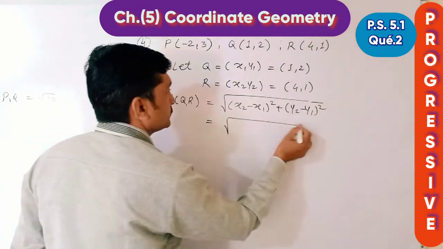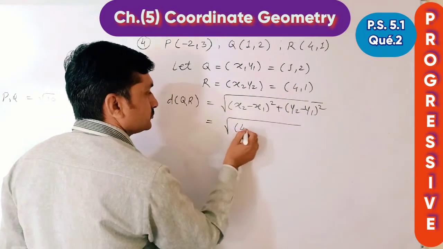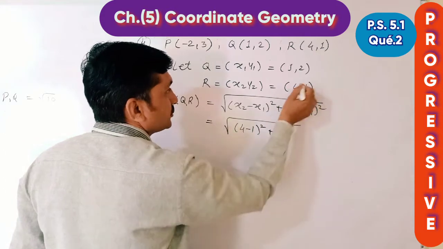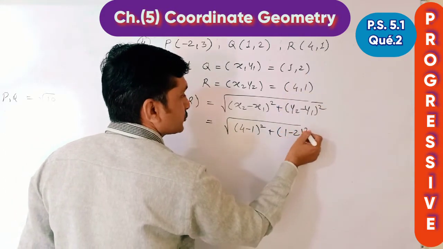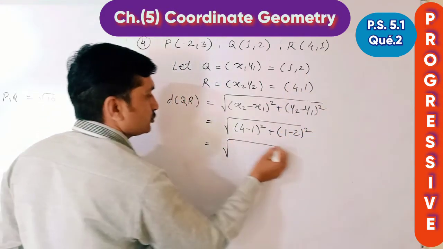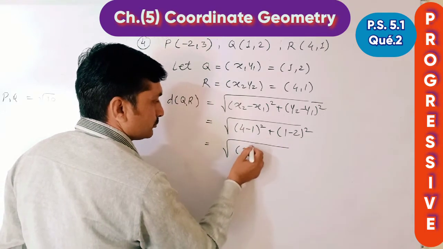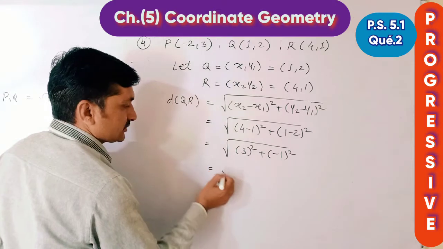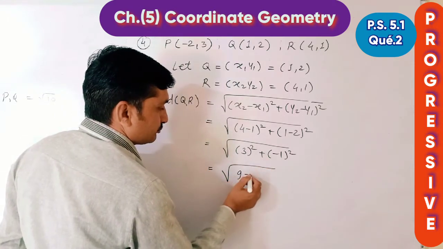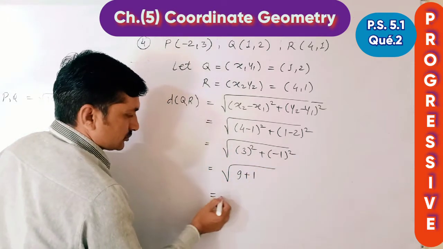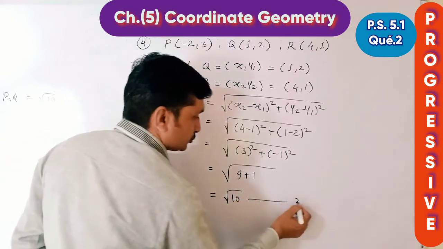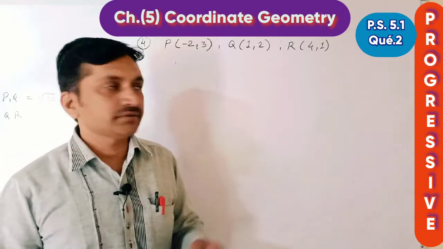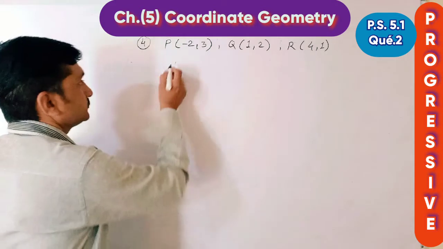Put values: (4 - 1)² + (1 - 2)², which is square root of 3² = 9 plus (-1)² = 1, which is root 10. Number 2.